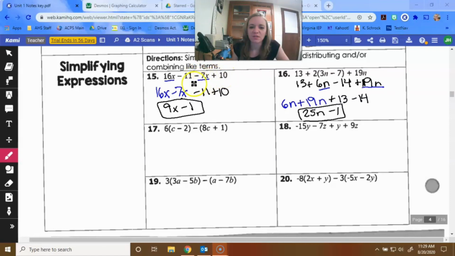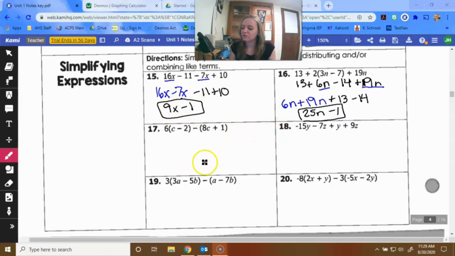The positive stays with the 10, the negative stays with the 11. This has nothing, so it's positive. And rearrange everything around, simplify it out, and if you have to distribute, make sure you multiply by the second term as well, to get you this 14 right here. And then rearrange everything, and you leave it alone if you have a variable and then a constant.